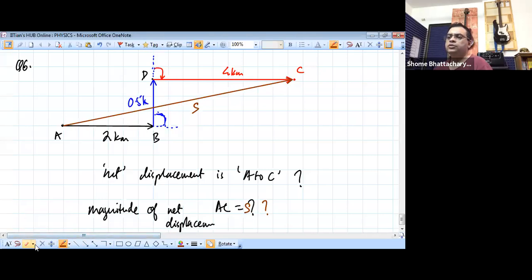So what you can do here, you can use Pythagoras theorem again. Very simple. You can just continue this line and drop a perpendicular from here, and you have a right angle triangle. So you can calculate whatever is required for that.